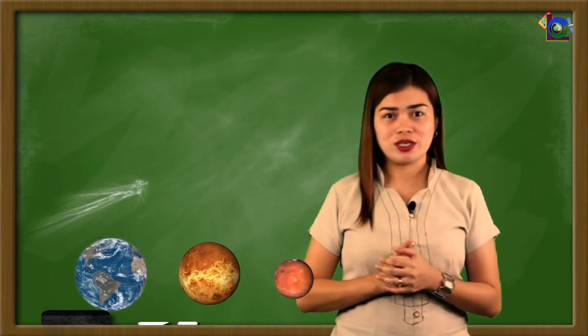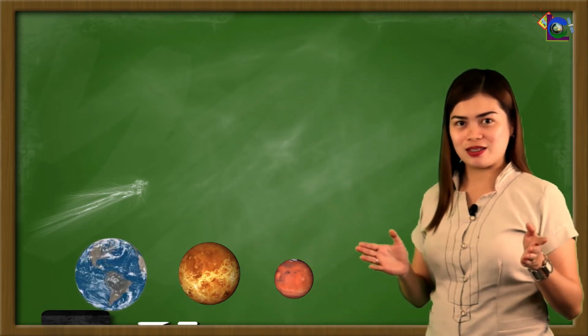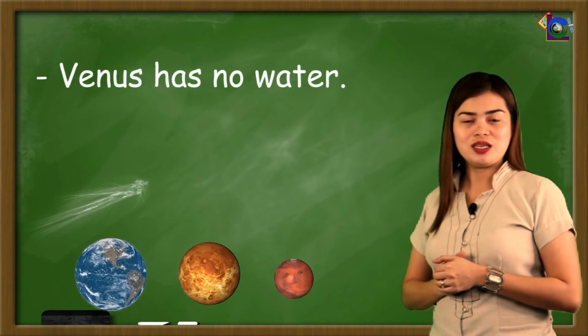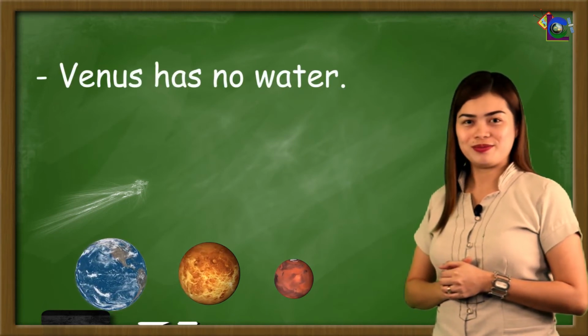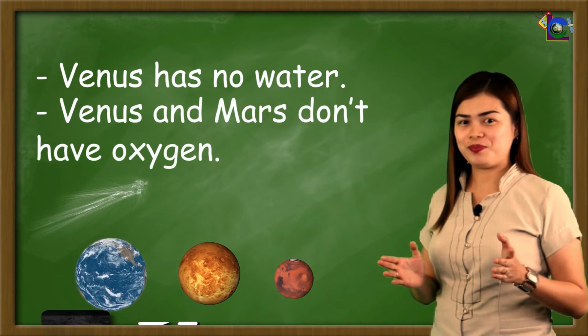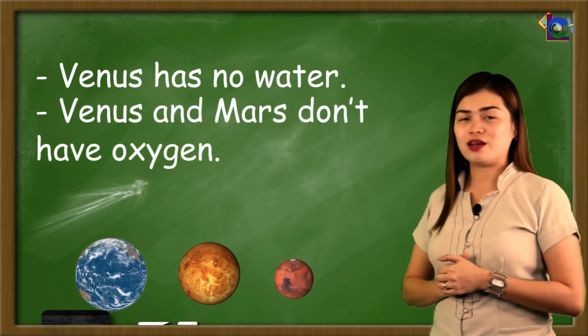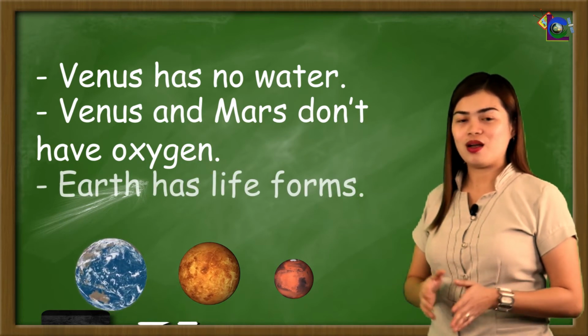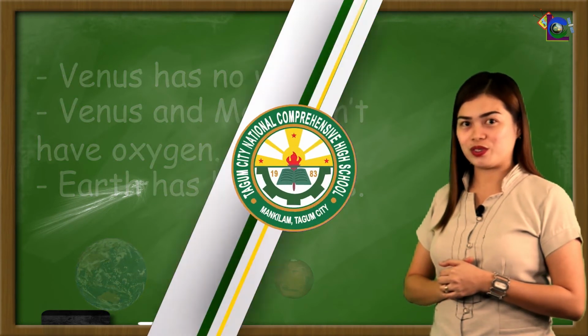Earth, Venus, and Mars have differences. First, Venus has no water. Second, Venus and Mars don't have oxygen. And third, Earth has life forms.